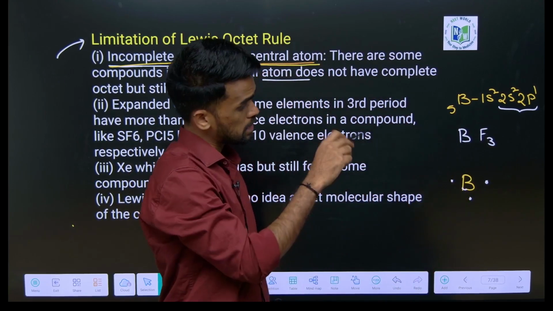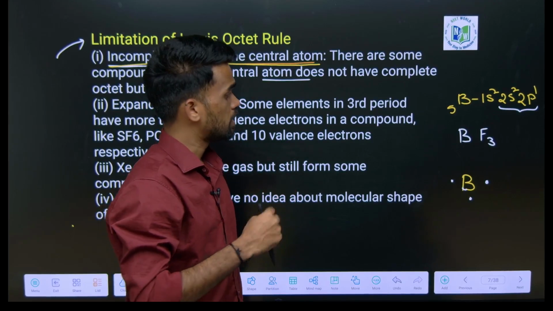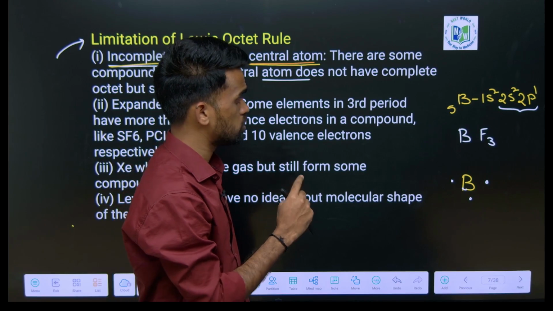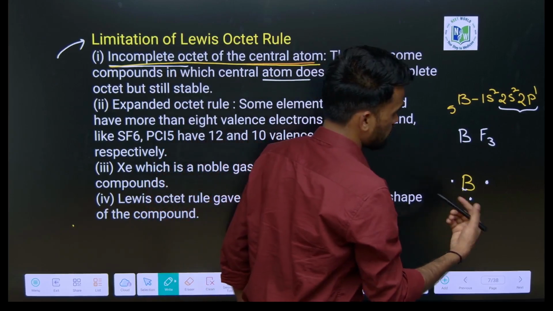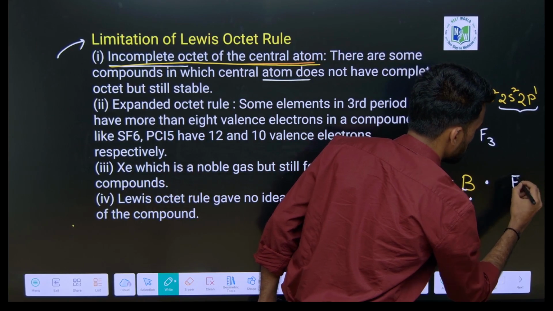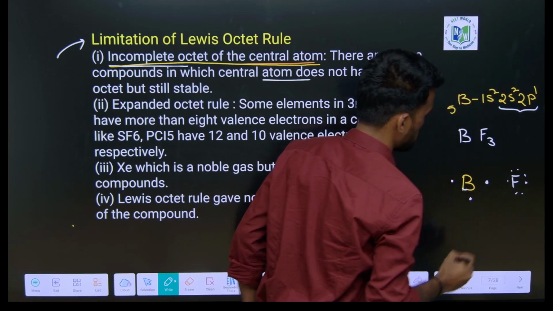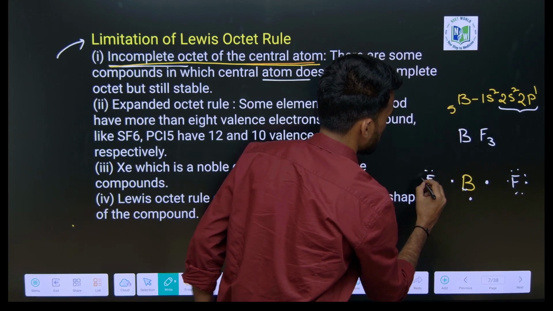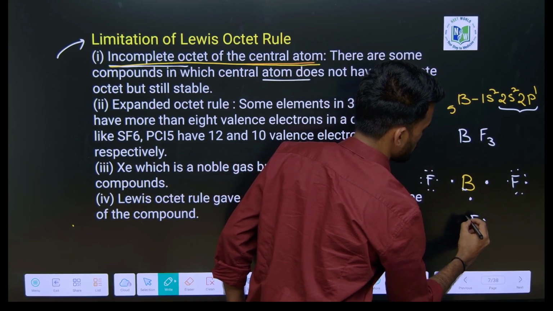Now how many surrounding atoms are there? Fluorine atoms are 3. We know a fluorine atom requires 1 electron because it is a halogen. By accepting or pairing with 1 electron, it will attain noble gas configuration. That is what I am representing here. For each fluorine we have 7 electrons, so you can write 7 electrons here as well.